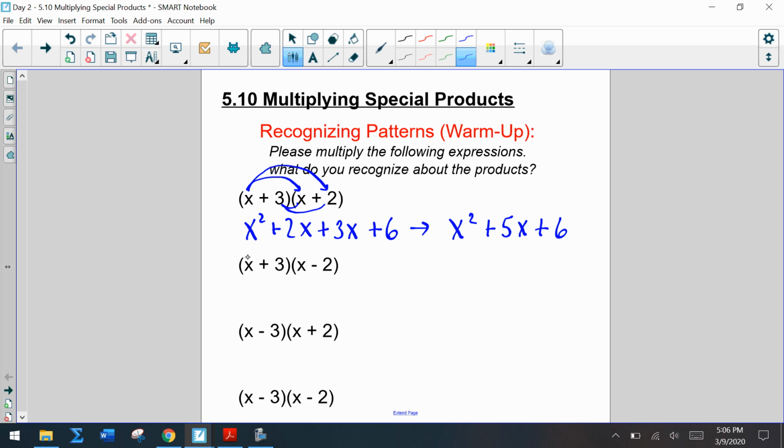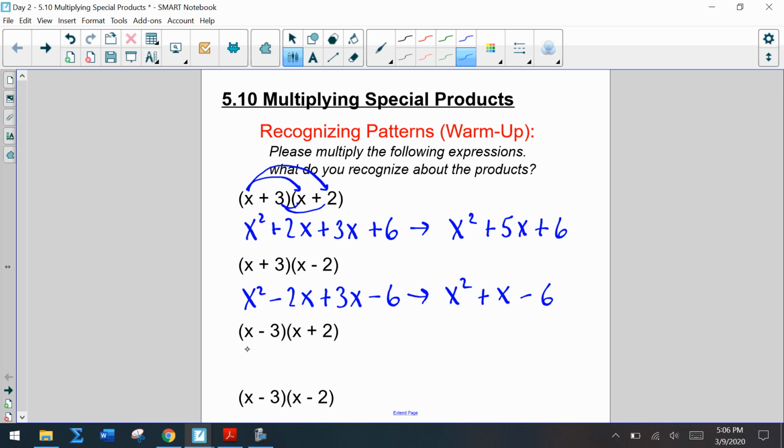I'm not going to actually draw them on there. So I have x times x, which is x squared, x times -2, 3 times x, and 3 times -2. So when we combine like terms, we get x squared plus x minus 6 for this one.